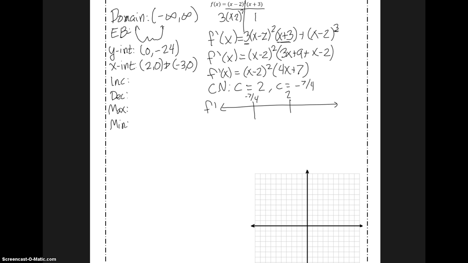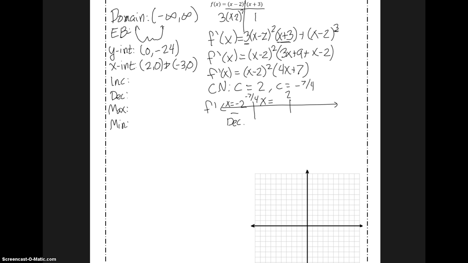So now let me test something in that first interval. Let's test negative 2. So if I plug it in the derivative, my first piece, the (x minus 2) squared, that's actually always going to be positive. If I plug it into the 4x plus 7, I get a negative. Since this is the first derivative, negative means my function is decreasing.